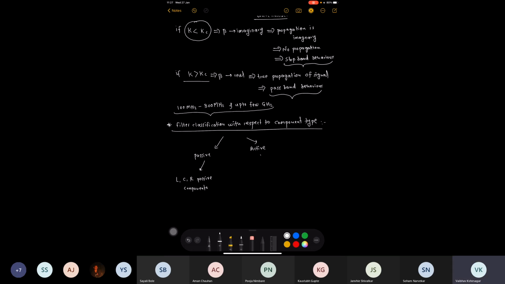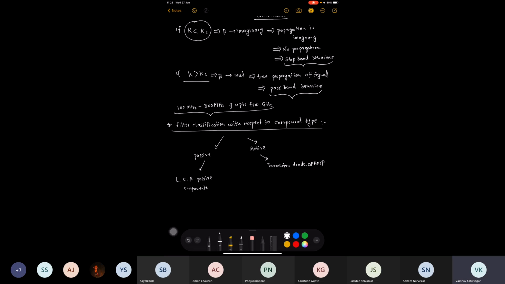Okay. On the other hand, we can also design active filters. Now for active filters, the filter should make use of certain active elements, like transistors, diodes, op amps.